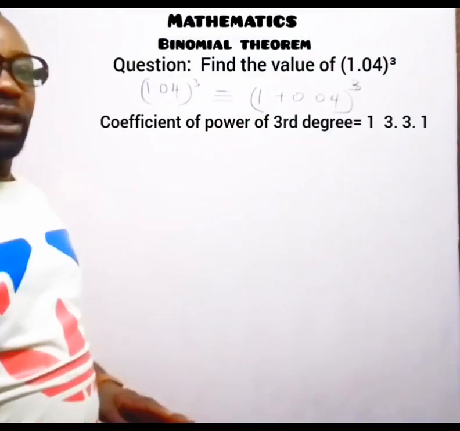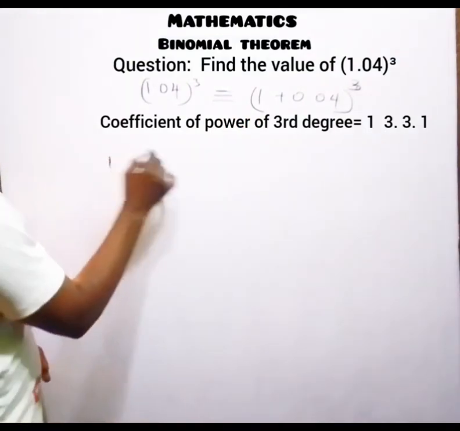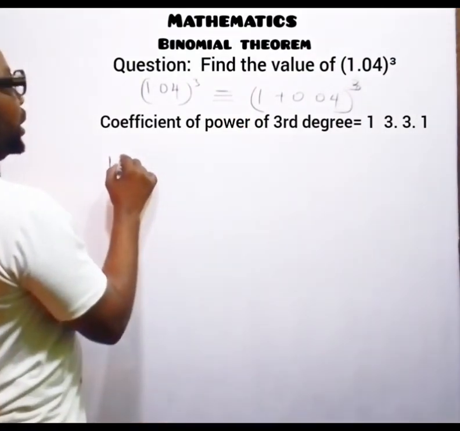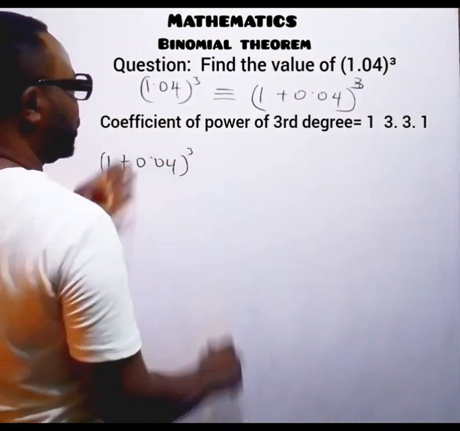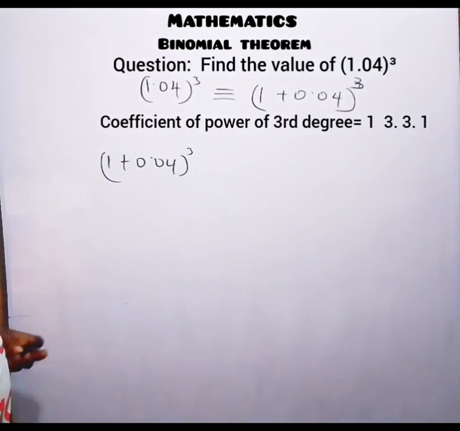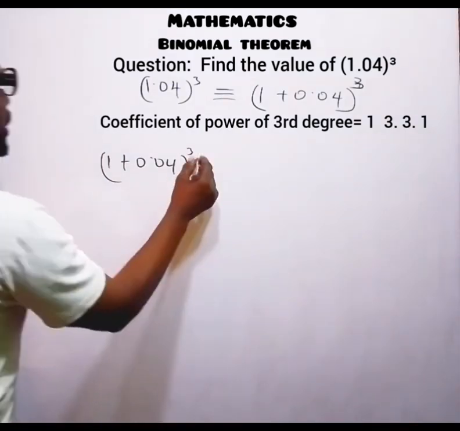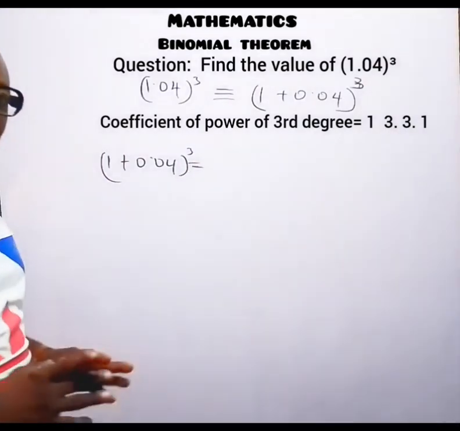Take note of that as well. We've been able to get the coefficients of (1 plus 0.04) raised to the power of 3, shown to us here. Now, this expression will not go further this way.